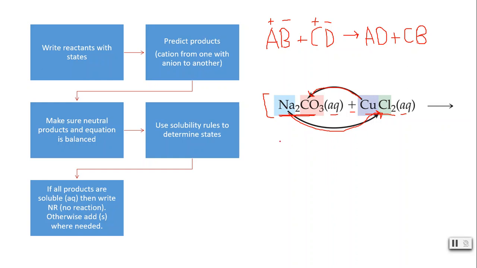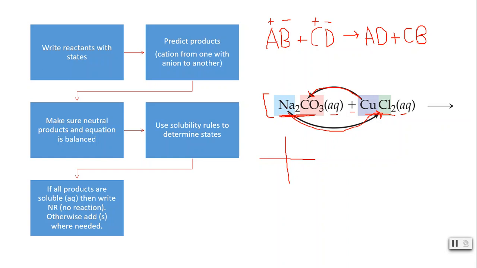But I think it could be instructive, and in fact, I recommend that you do this little crisscross and write down what the cation and the anion of each species is, and then you can easily see what your crisscross is for your final products. So for example, sodium carbonate.